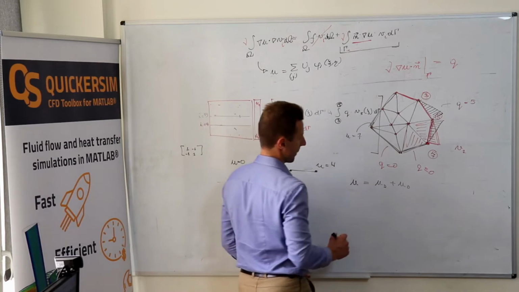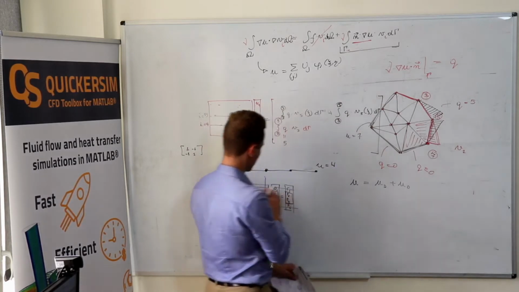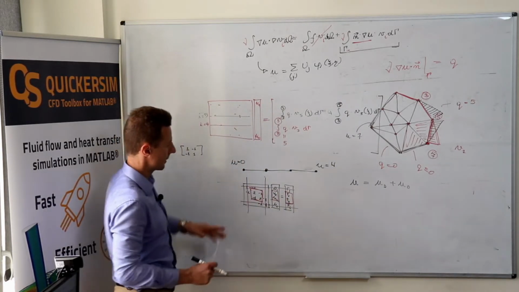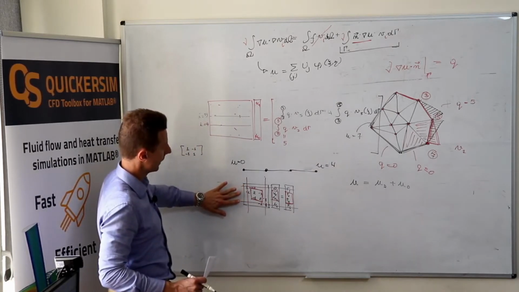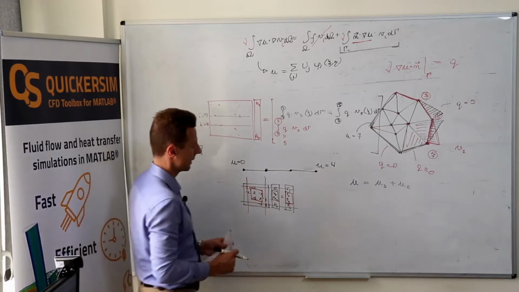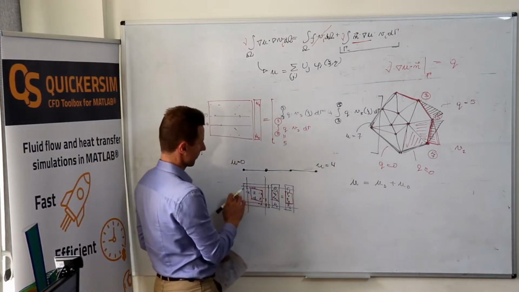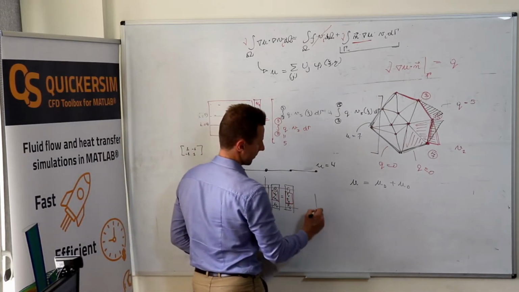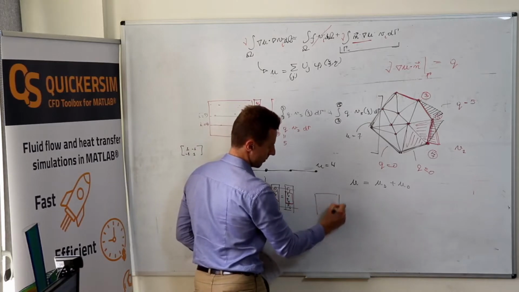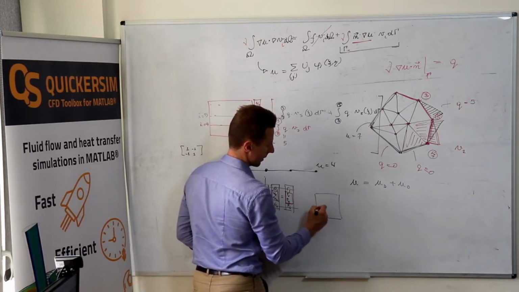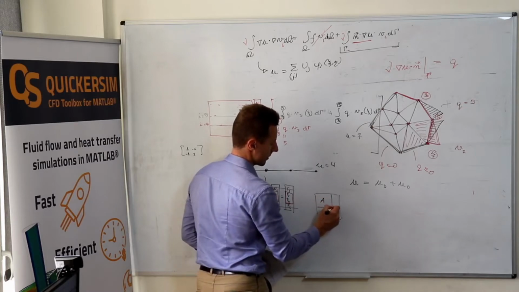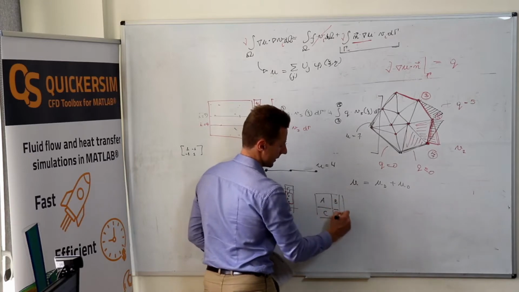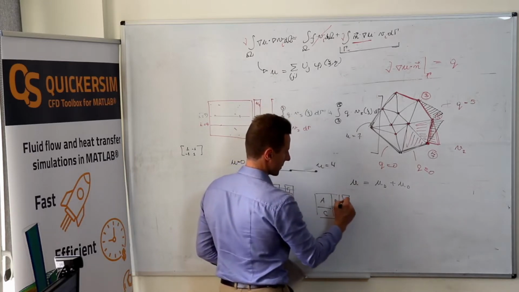Well, so what happens in the matrix notation and in the discretization? Let me reorder the nodes a bit in a way that, let's say, we've got some A matrix, B, C, and D. And what's here?